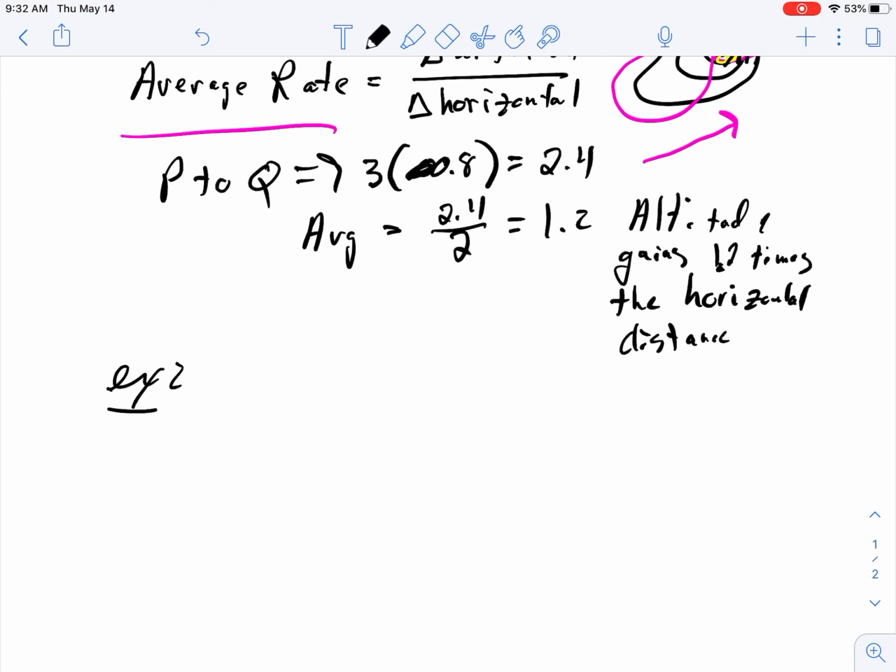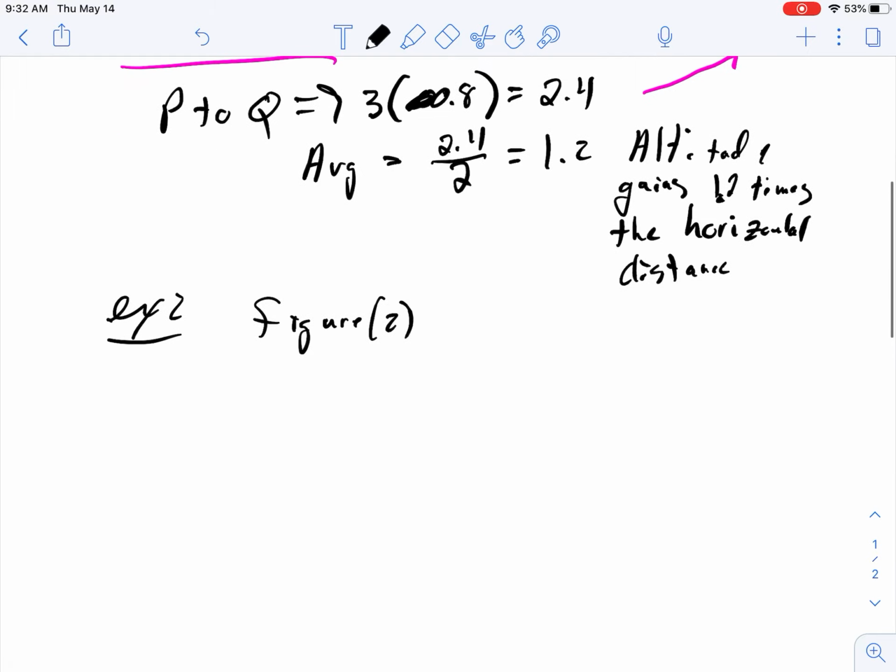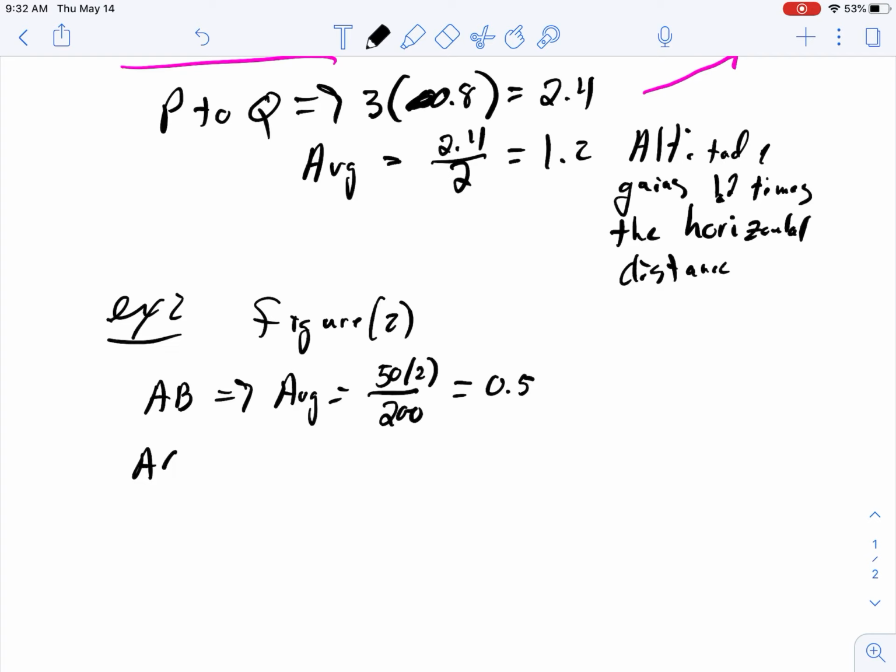So if we go to example 2 again, but let's look at figure 2. If you go from A to B, that average rate would be 50 times 2 over 200, which would be 0.5.